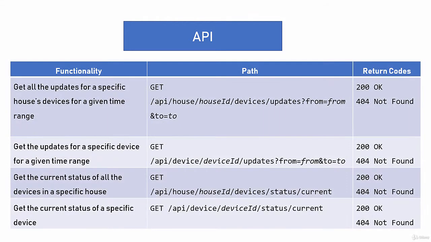In this table, you can see all the methods we discussed, complete with their path and response code options. Take a good look at it and make sure you fully understand why they are designed like this. Now, this table is extremely important in the architecture of the service and should be part of the architecture document. Be sure to include it there, as it will guide the developers about the actual implementation of the service. Okay, great. We now have the architecture of this service in place and we can go on.